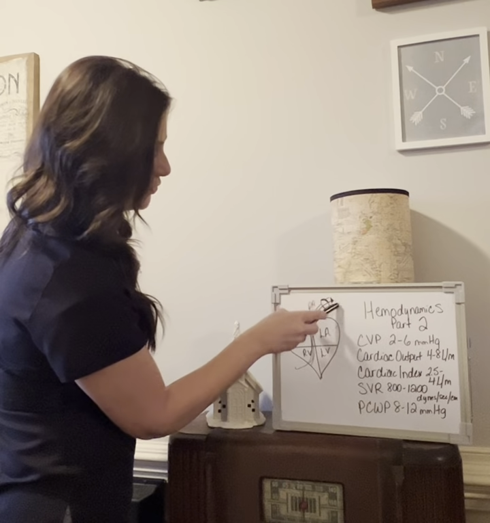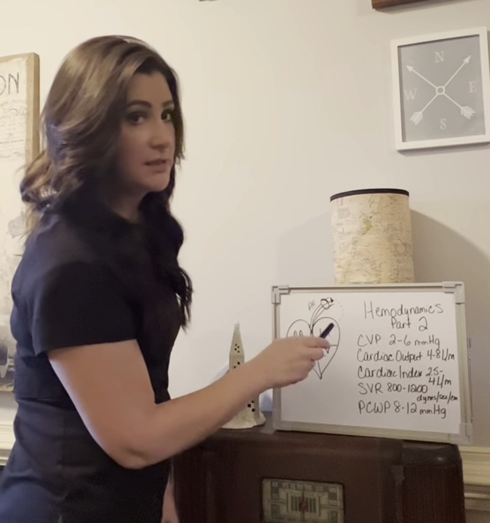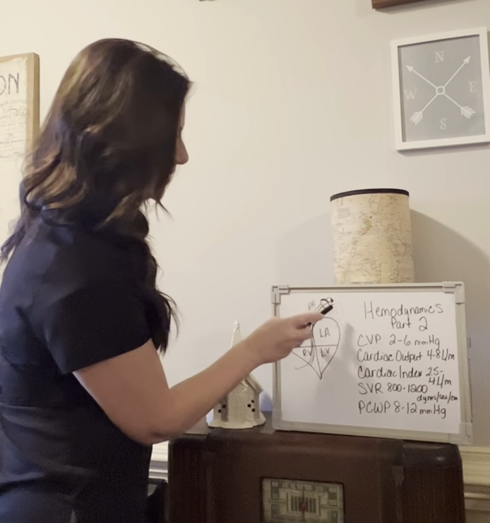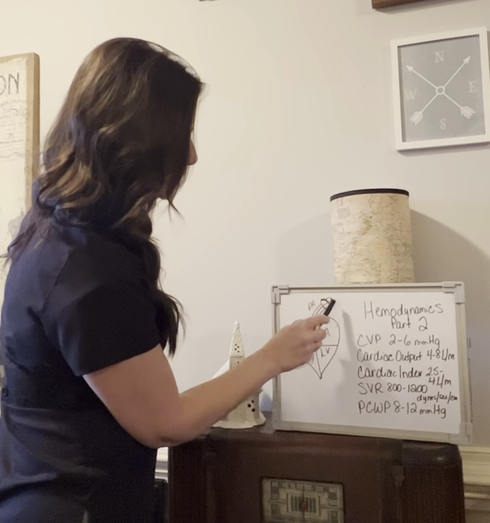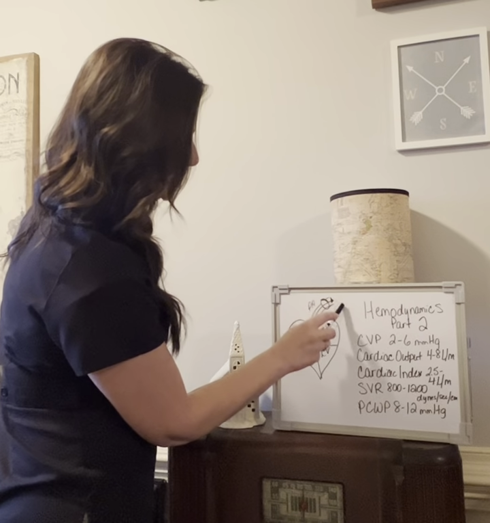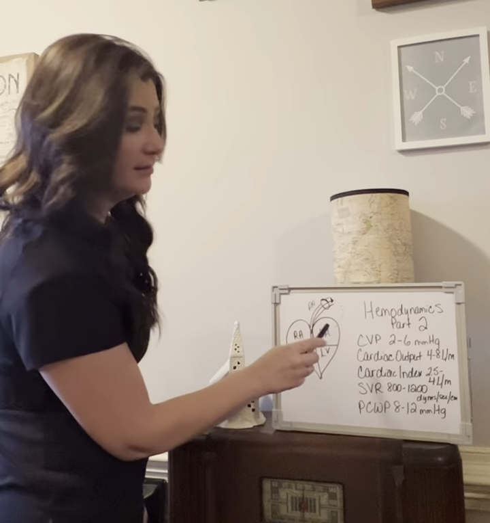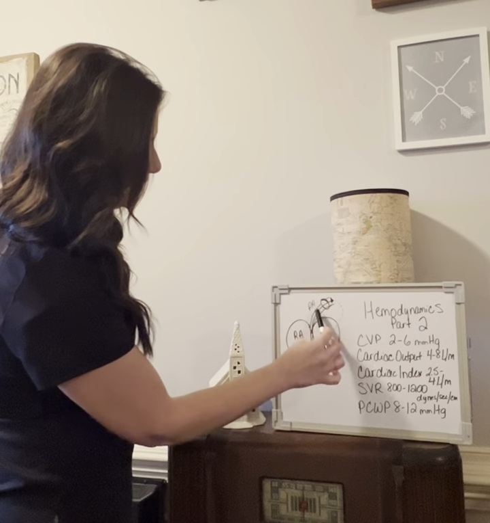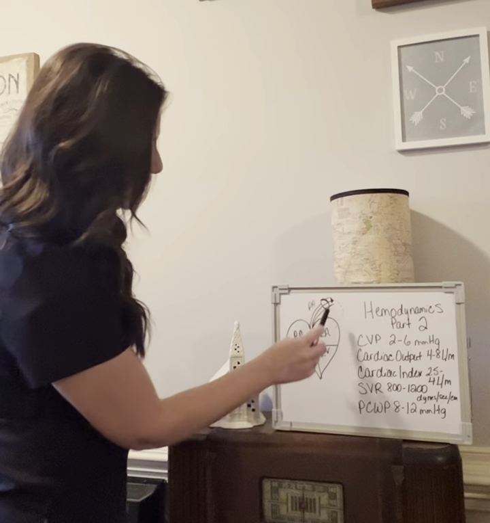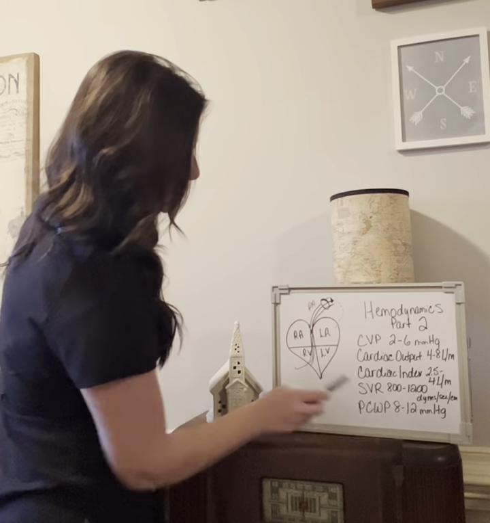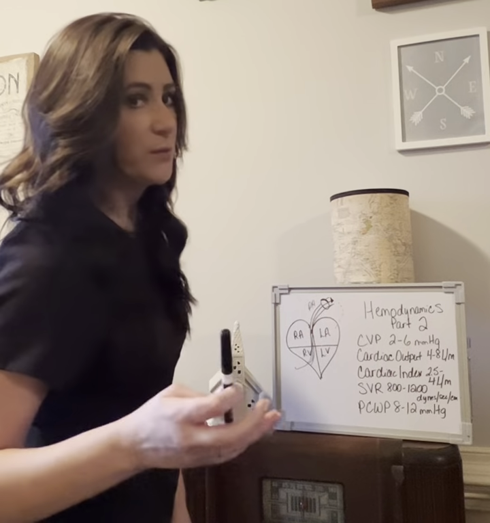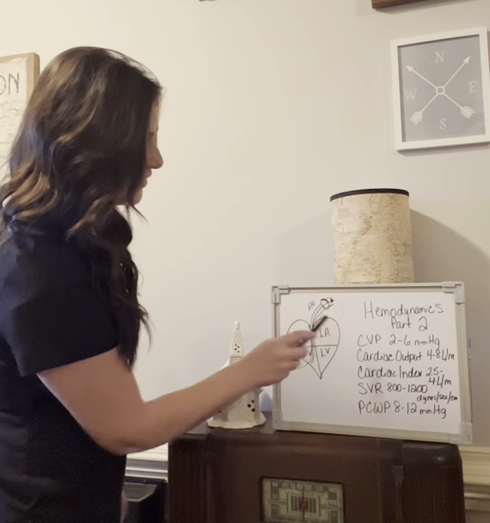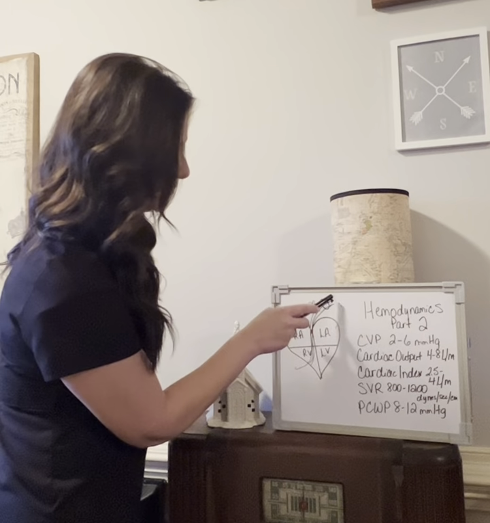This is our transducer, which is taking measurements. When this balloon is inflated, our transducer is only measuring what is in front of it, because this is occluding everything back here. So our pulmonary capillary wedge pressure is a direct reflection of left atrial pressure, because this is my transducer.